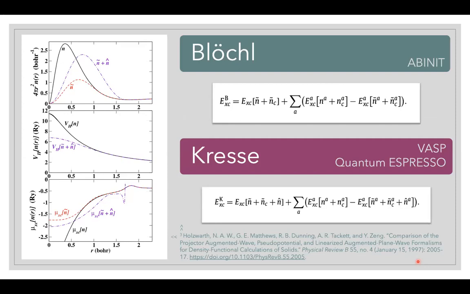The Blöchl implementation, which is explicitly implemented in ABINIT, you see the exchange correlation potential is a functional of two types of densities: the valence density and the core density. Whereas the Kresse implementation has an exchange correlation energy that adds another term, n hat, the compensation charge density. And Kresse is implemented explicitly in VASP and Quantum Espresso, although I think they have since modified their implementation somewhat.